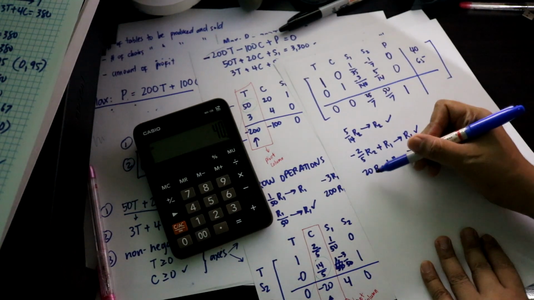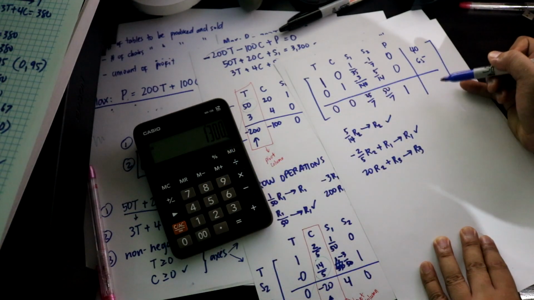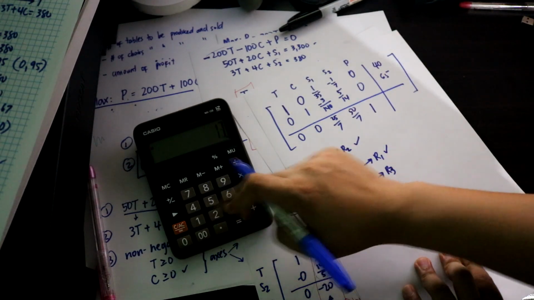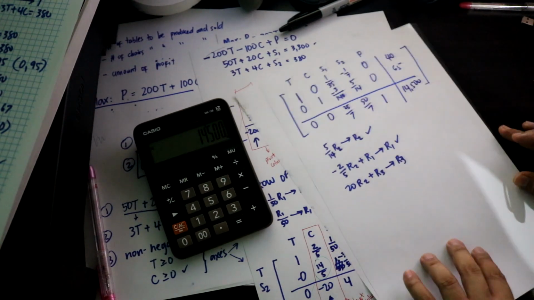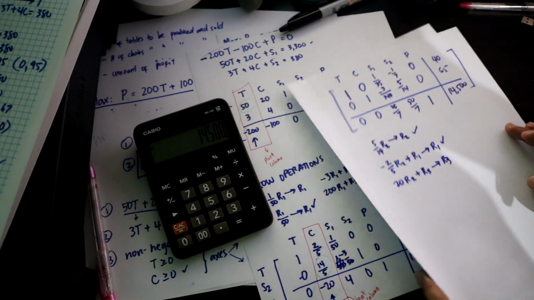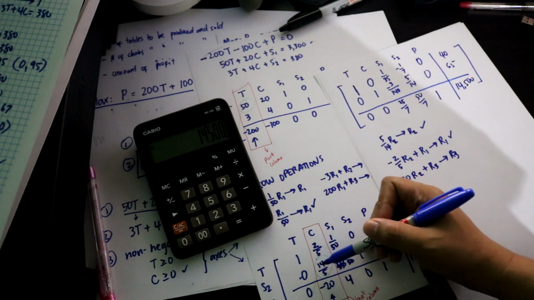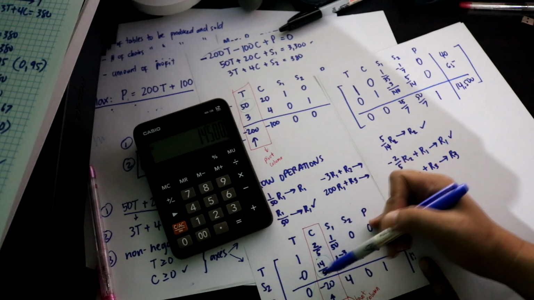And then 20 times 65 is 1,300, plus 13,200, that would be 14,500. By the way, our pivot element is this number, which is the intersection between S2 and C.